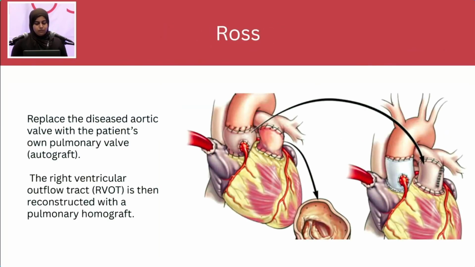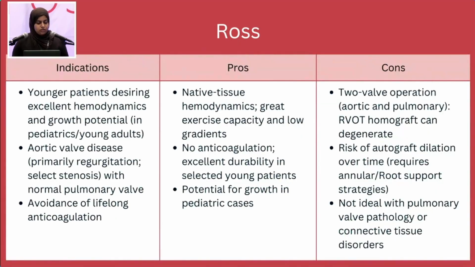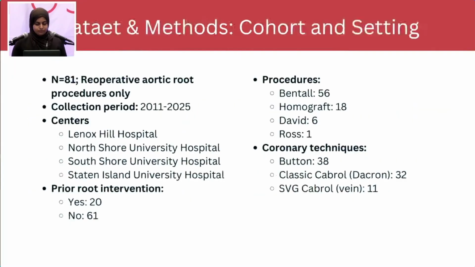The Ross procedure replaces the aortic valve with the patient's pulmonary valve and reconstructs the right ventricular outflow tract with a homograft. The Ross procedure offers excellent hemodynamics without lifelong anticoagulation and strong outcomes in younger patients, but is a complex 2-valve operation with potential long-term complications.